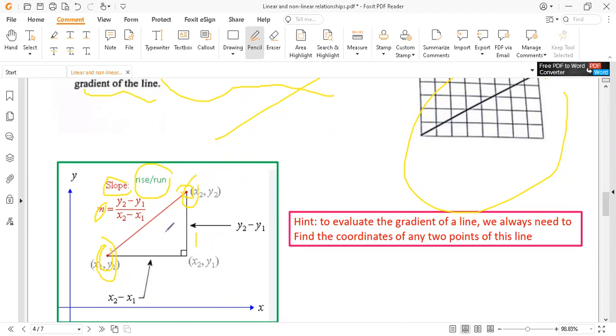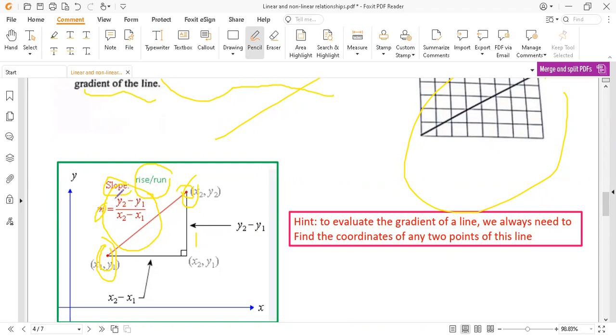So it is easy to find 2 points on this line. If we fix 2 points on this line and find the coordinates of these points, normally we can use this quotient, the difference between ordinates over the difference between abscissas.